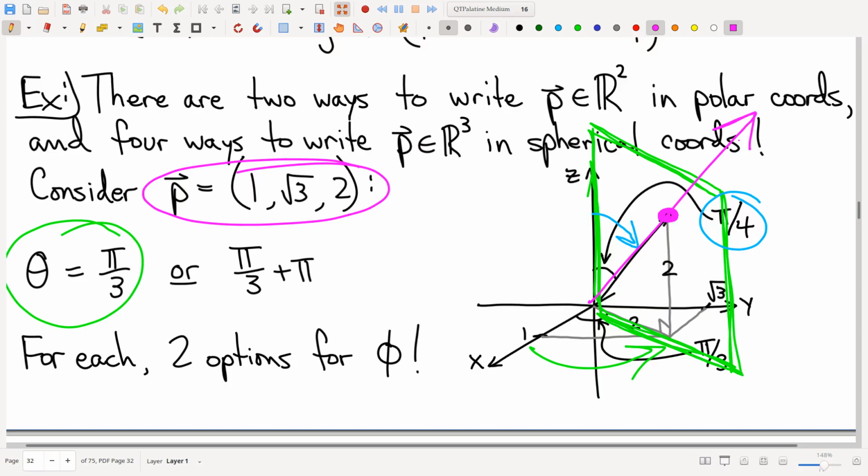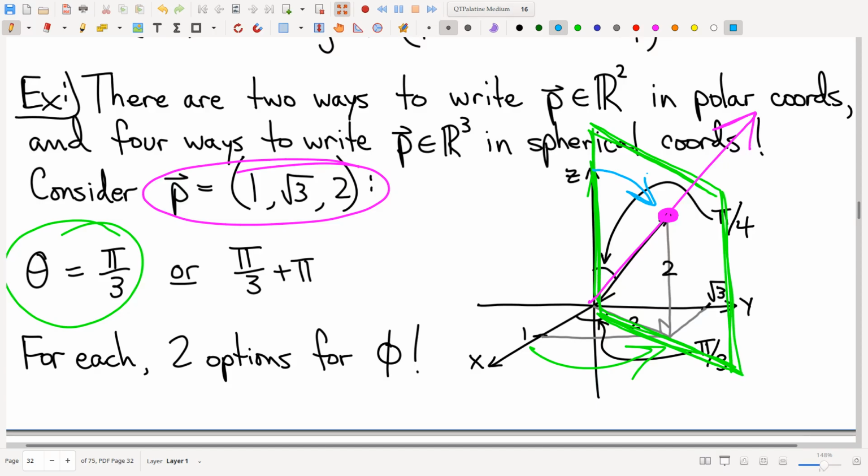Perfectly reasonable spherical coordinates. Here's the weird thing. There's another way to do that. With the same theta, there's another way to get to that point. And keep in mind, positive values of phi measure toward your theta half plane. My theta half plane, I've already picked theta, pi over 3. The half plane goes this way.